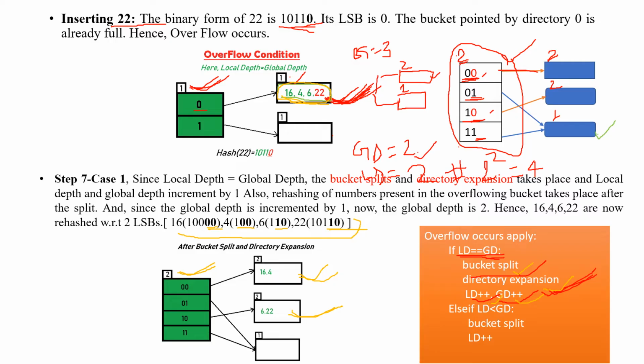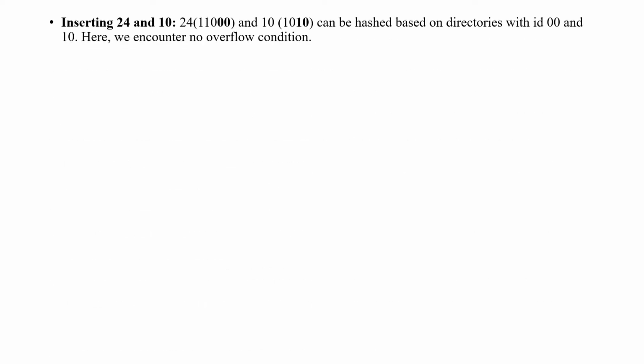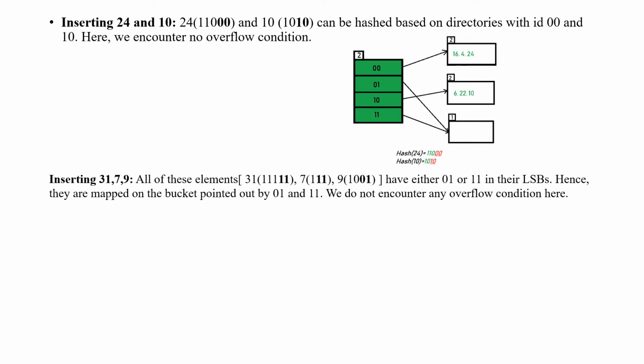Now one more thing to remember: if the overflowed bucket's local depth is less than the global depth, only then you split the bucket and increment the local depth. Do remember this, it will be used in the next step. So if you want to store 24, what is your global depth?